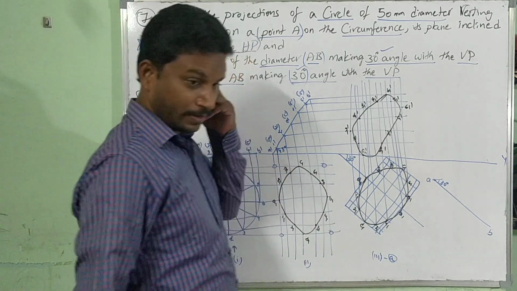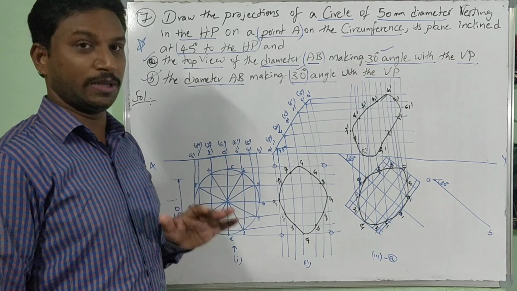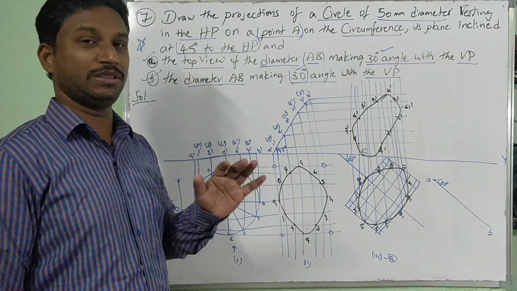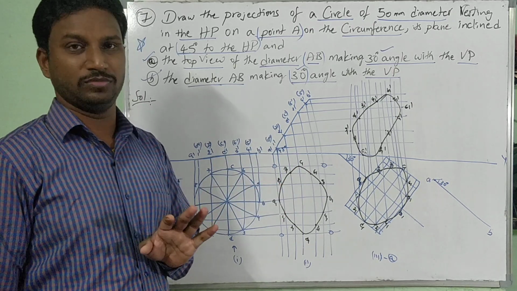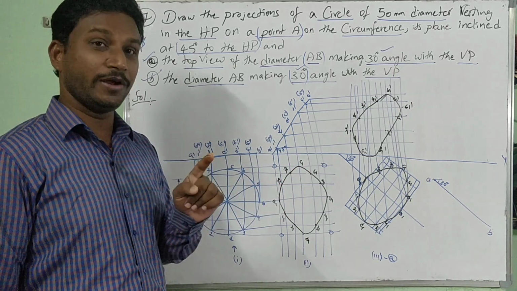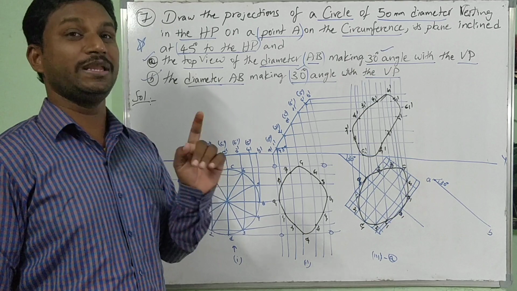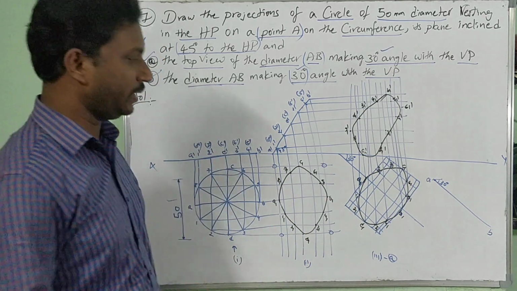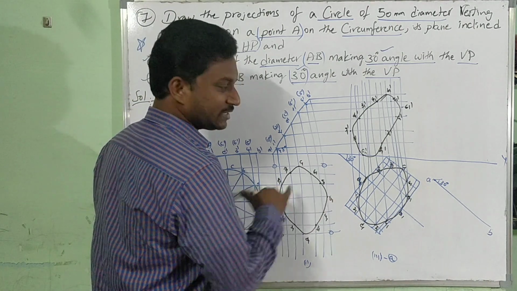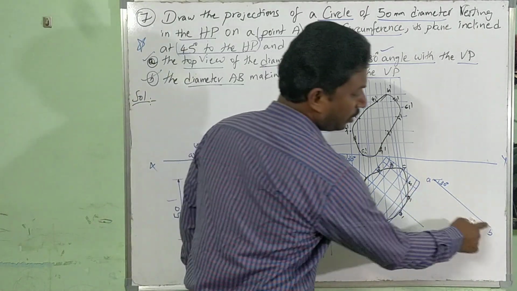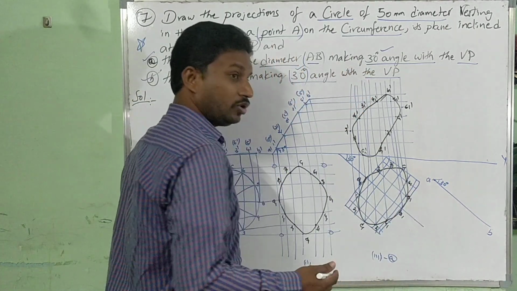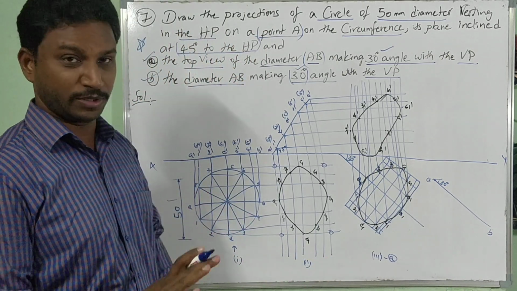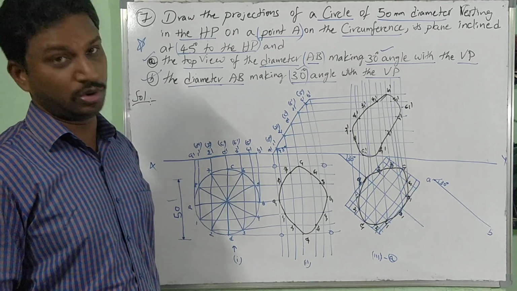When a line is inclined to both the planes, you can observe diminishing length in the final front view and final top view. Am I right? The diminishing length will be in both front view and top view. You know A1B1 as the diminishing length, but you have actually drawn 50 mm. So you have to draw with respect to the final diminishing length, not the original true length.